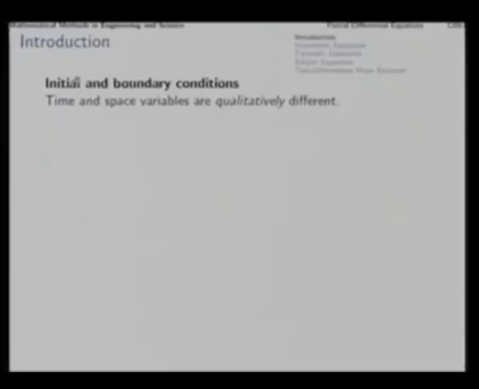So, in those situations where you have got say 2 variables x and y of space and 1 variable of time, when you consider this kind of variables, then typically in the important problems, initial conditions are supplied with the time variable and boundary conditions are supplied with respect to the space variables.